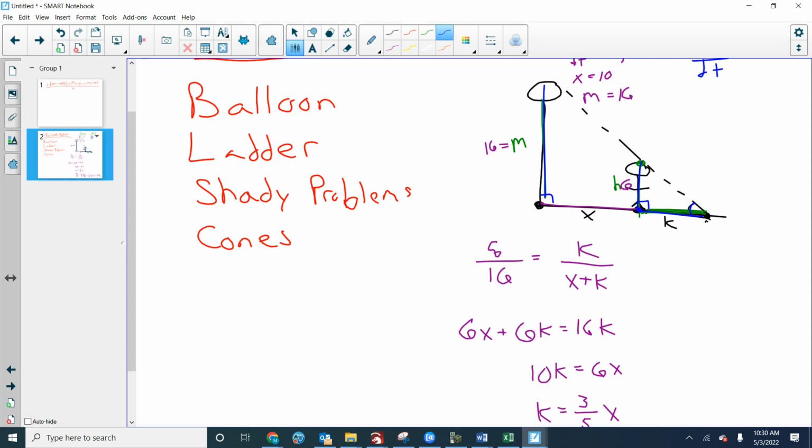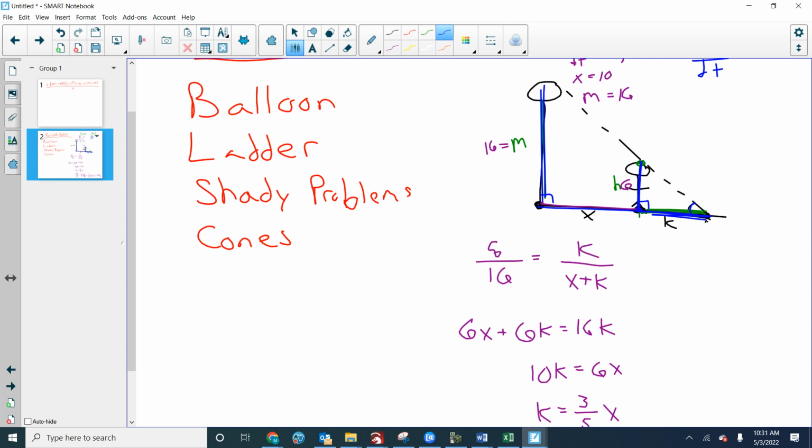Equals, now listen, if I do small triangle height over big triangle height, then I need to do small triangle side over big triangle side, which is x plus k. Are you with me? I set up this proportion. I cross multiply. Why do I want to solve for k? Well, I want to find dk dt.